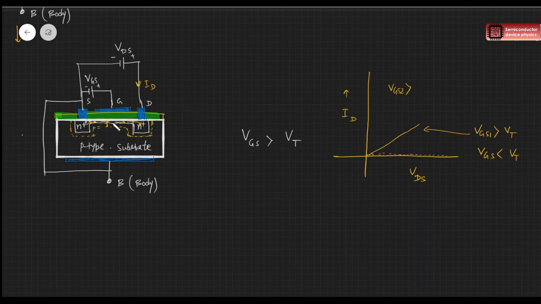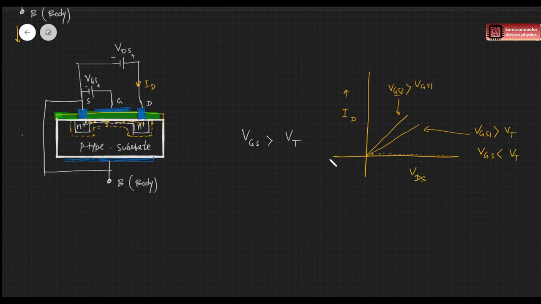So the resistance of this channel will decrease, and obviously the current ID will increase, right? So this is for VGS2 greater than VGS1. We're applying a higher voltage at the gate, so now the channel width is more. If the channel width is more, we have more electrons in this region, so obviously the conductivity will increase, and the current will increase.